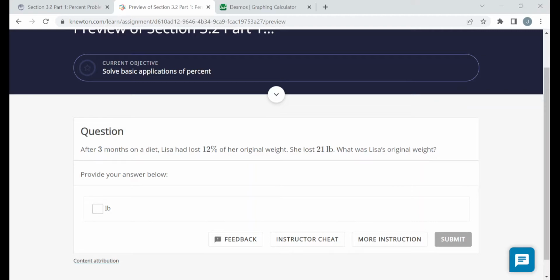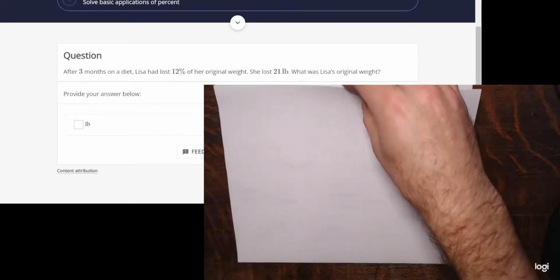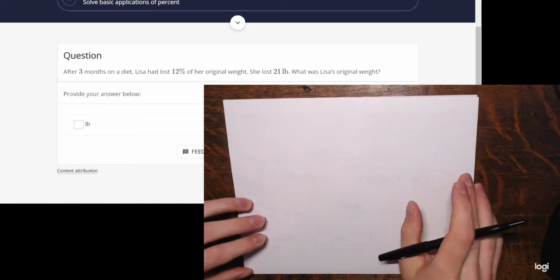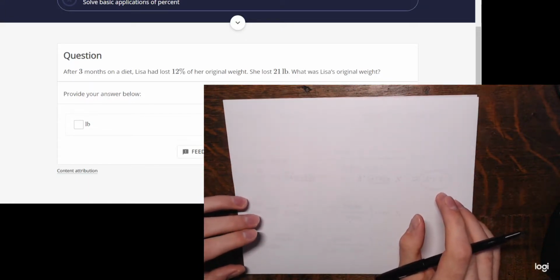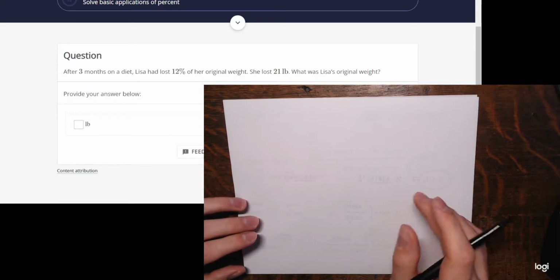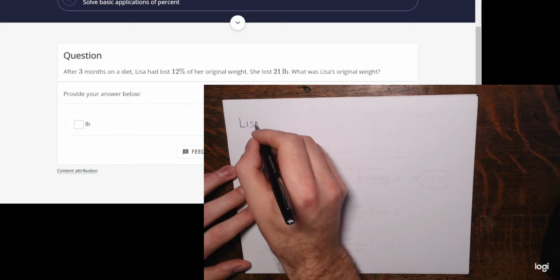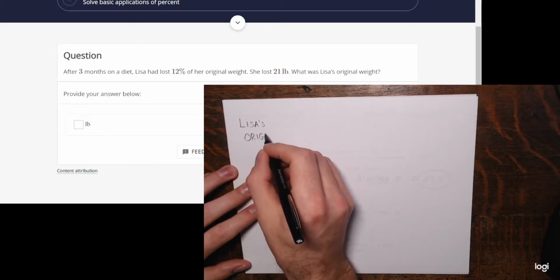Just like any other word problem, I read through this, and then I identify unknowns. What's unknown? What are they asking for? That was Lisa's original weight. So I'll write that out: Lisa's original weight.